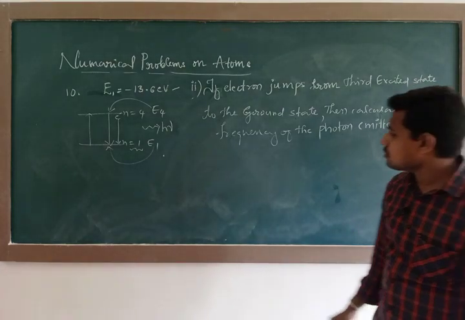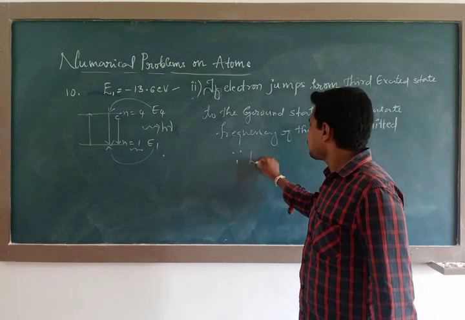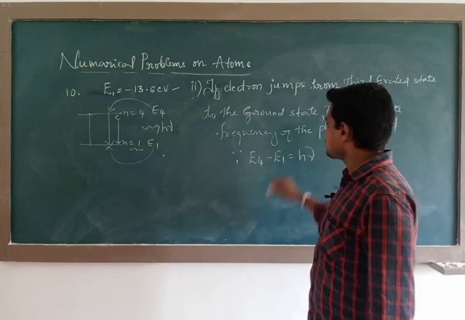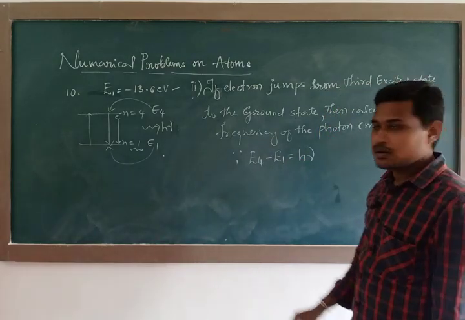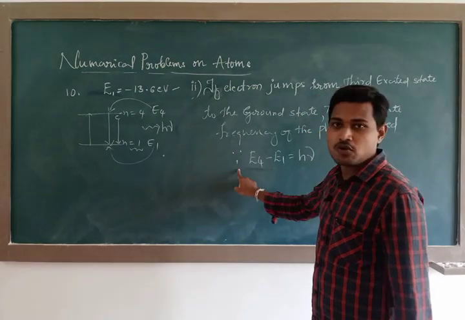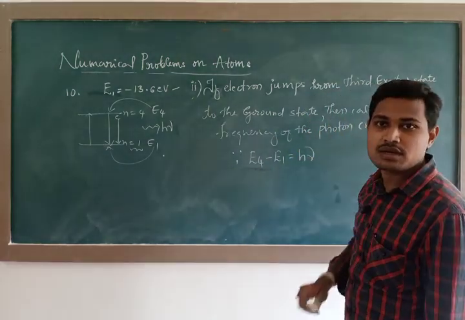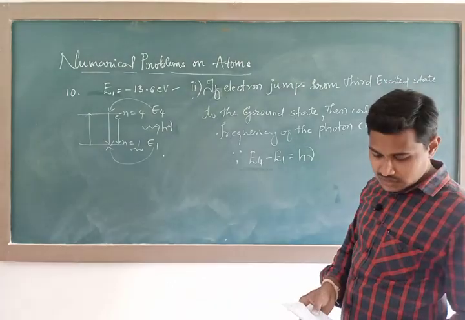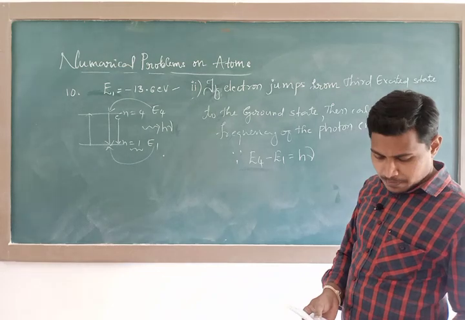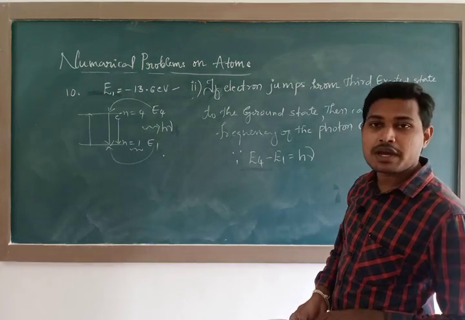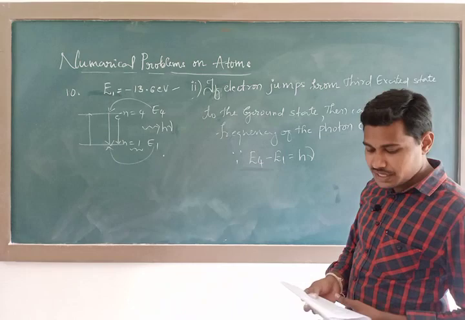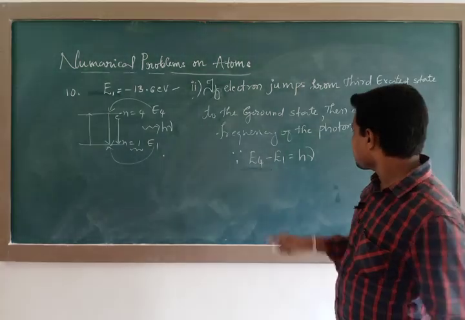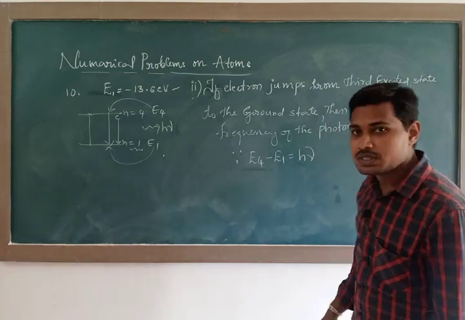So how to find it? We know from Bohr's postulate, E4 minus E1 is equal to h nu. Yes or no? The energy of the fourth orbit is minus 0.85 electron volt. The ground state energy is minus 13.6 electron volt. Divided by h, you will get the frequency.